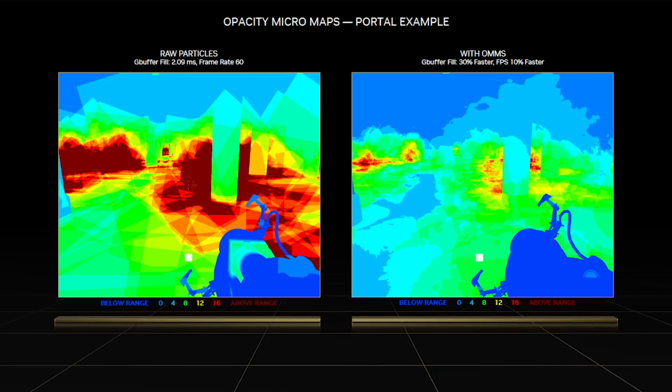On the right, there's a nice result of opacity micromaps. And here we can see the G buffer gets a nice speed up, improving by 30% in speed, and overall FPS increases by 10%. As always, performance results will change with the direction of the wind, dictated by the type of scene, geometry, resolution, and so on and so on.